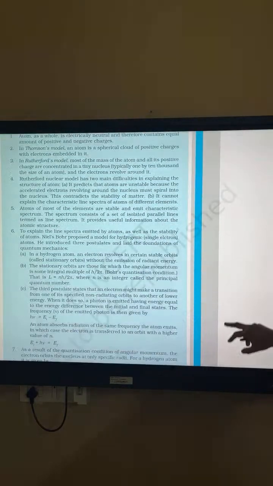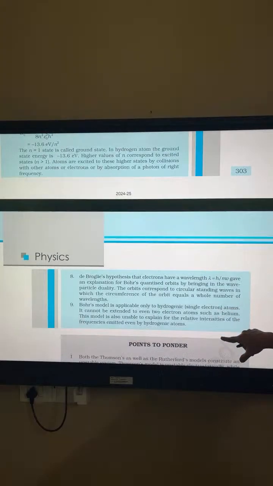That's all about atoms. We'll move on to the nuclei.